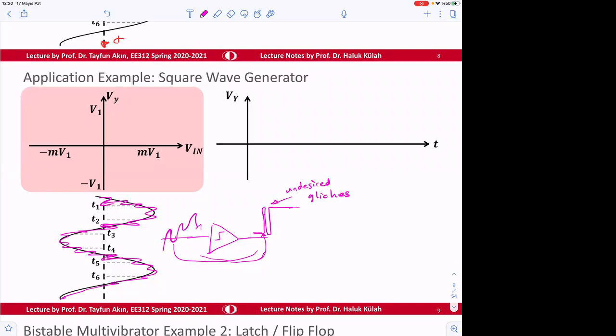However, here, that feedback mechanism or bistable connection prevents this, okay? This is for the simple op-amp comparator case.